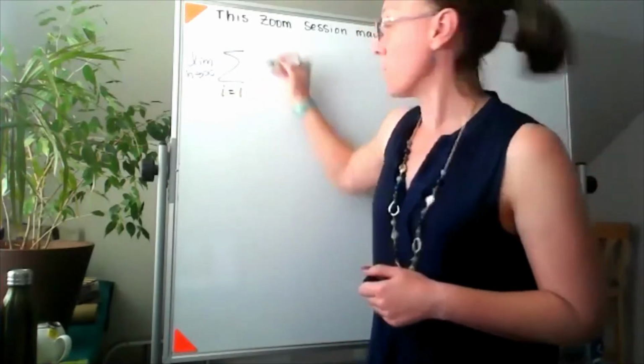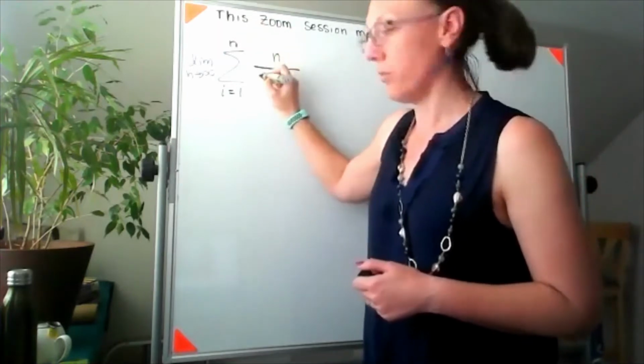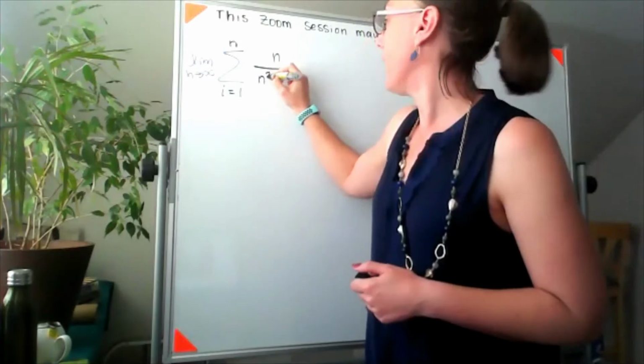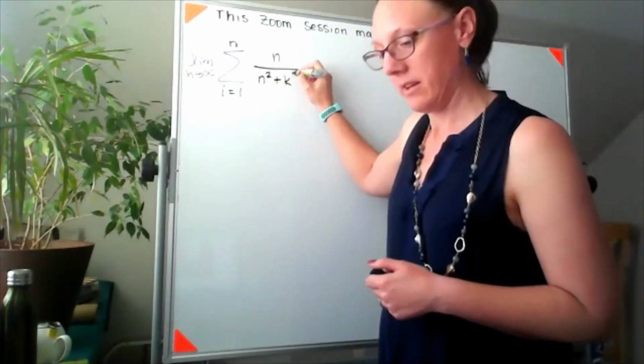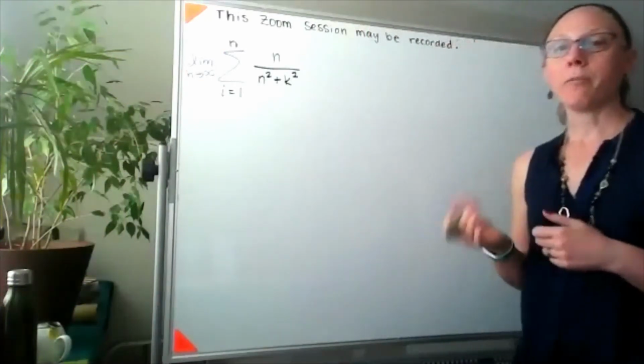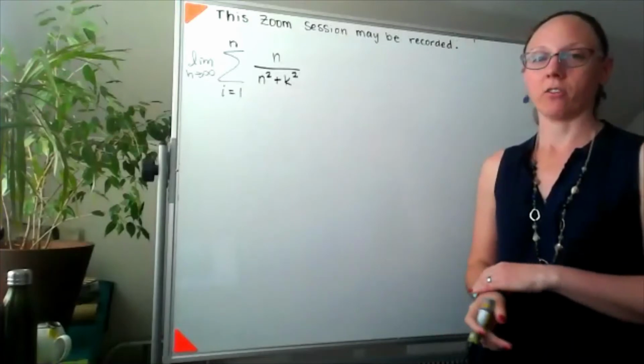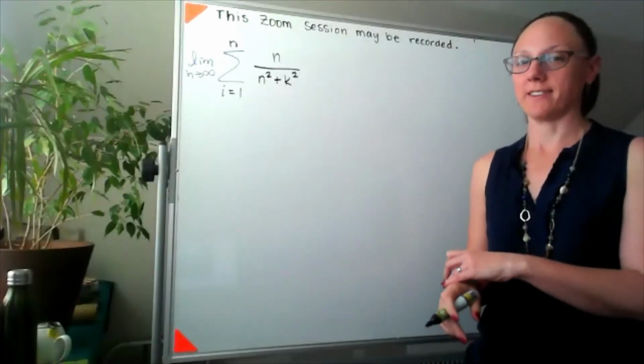So we're going to have the sum from I equals 1 to n of n over n squared plus I squared. What we've been asked to do is take this and turn it into an integral in order to evaluate the sum.